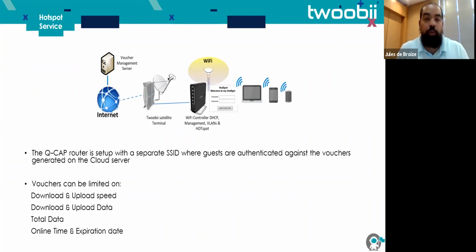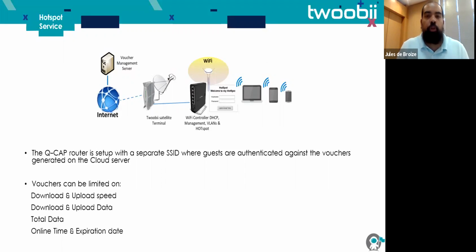So with the hotspot solution, we set up a separate SSID anyway for the hotspot. We can run this on one VLAN or multiple VLANs. So let's say we go for two VLANs. Let's say you want a business VLAN on a private IP and hotspot on a public IP.